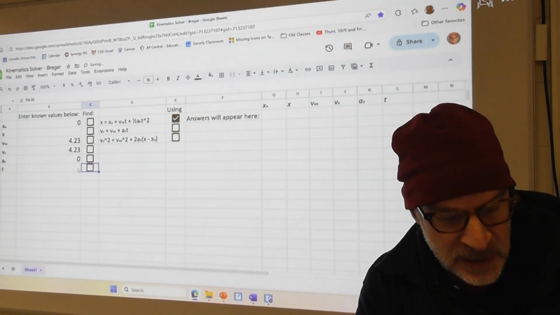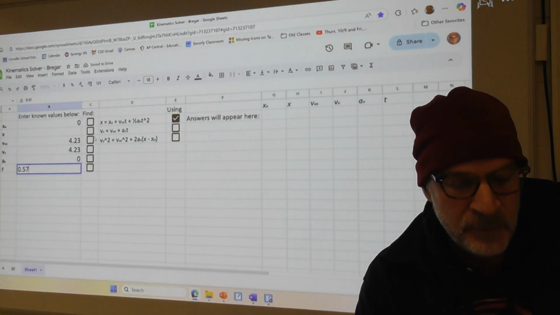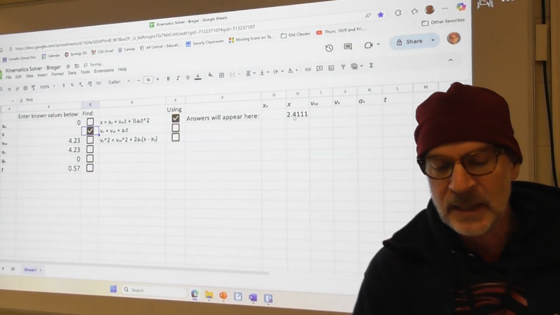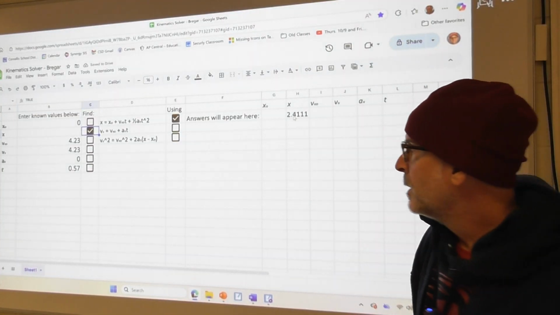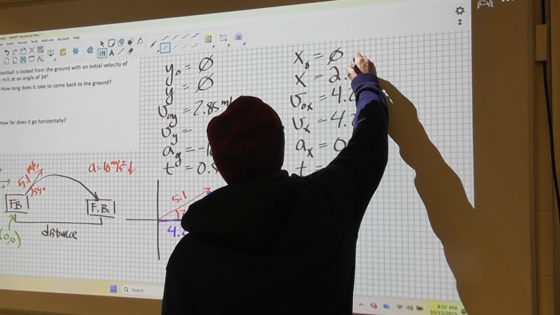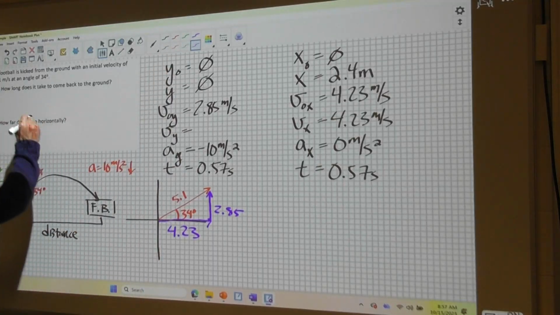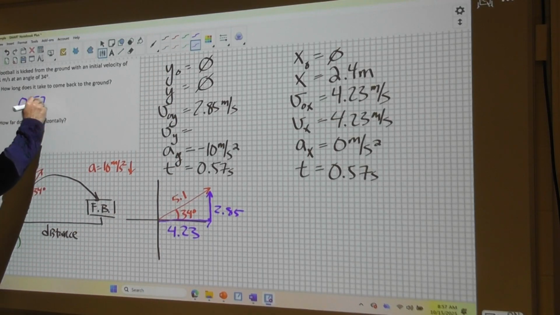Our acceleration is 0. The time is 0.57 seconds. We're trying to find how far it goes, and it looks like it goes about 2.4 meters. So the answers to these questions are 0.57 seconds and 2.4 meters.